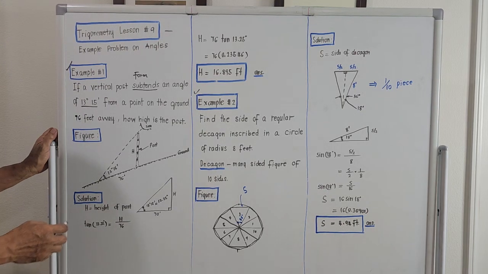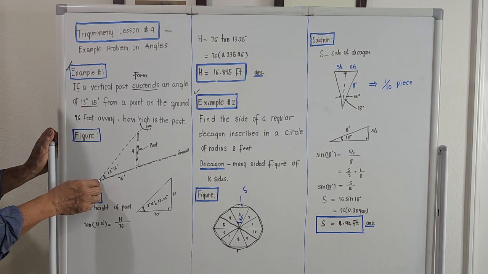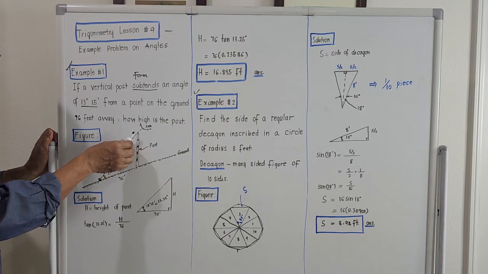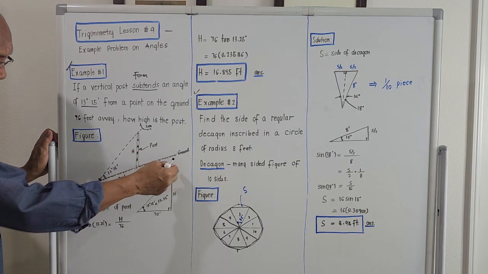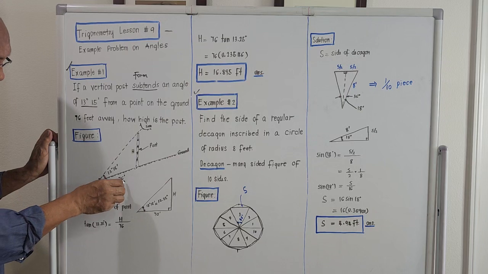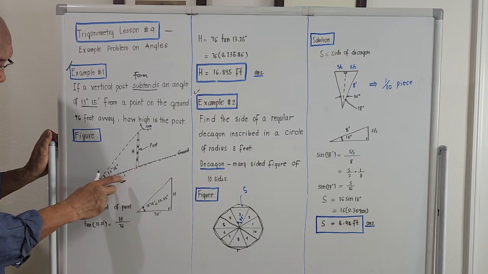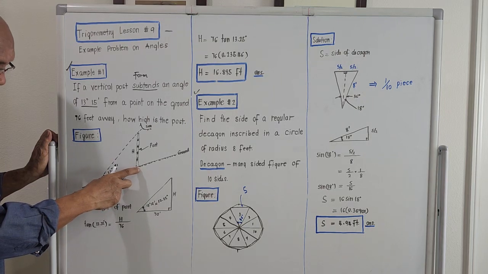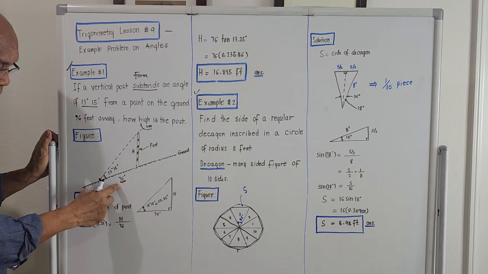Meaning, the point where this ray intersects the ground is actually 76 feet away. 76 feet away means its distance from the bottom of the force is 76 feet.